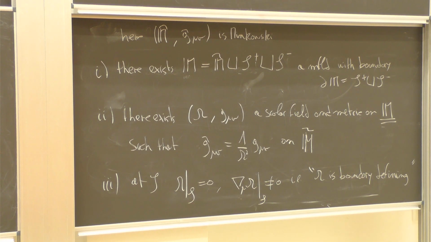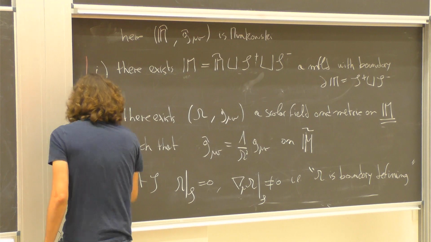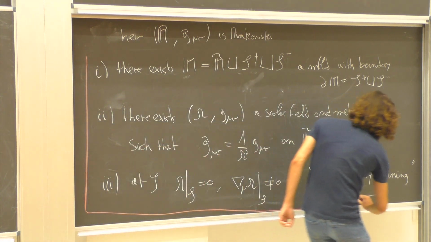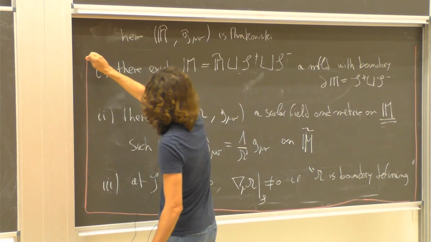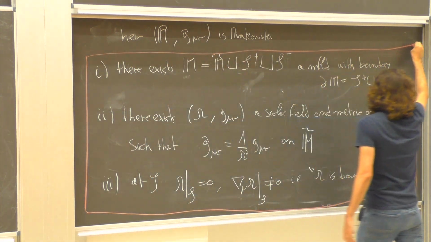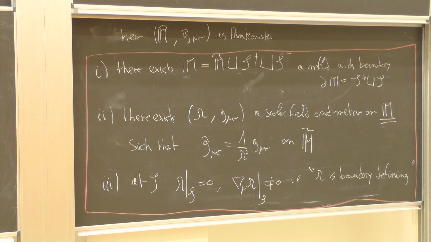So this is going to be the definition of an asymptotically flat manifold. It should satisfy these axioms here.